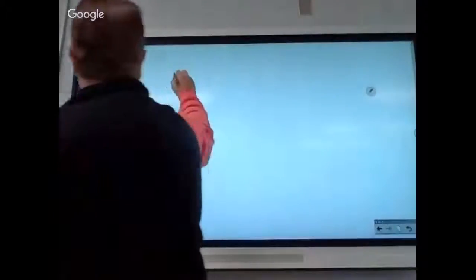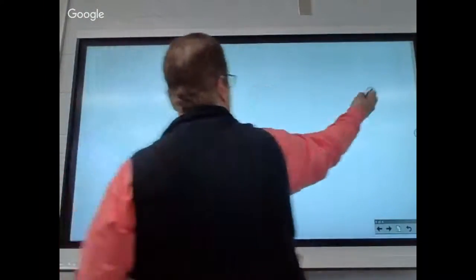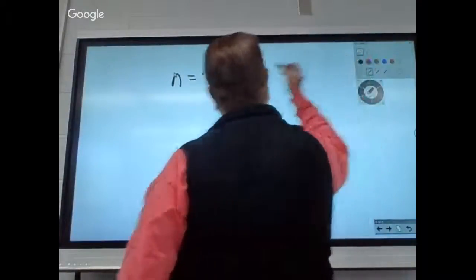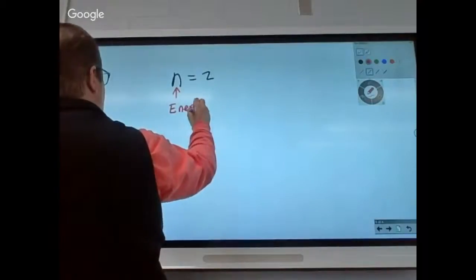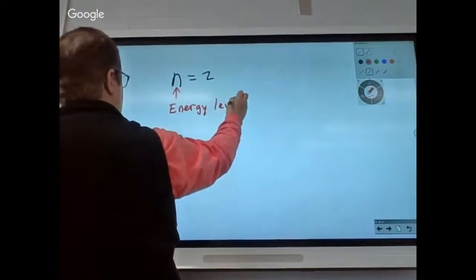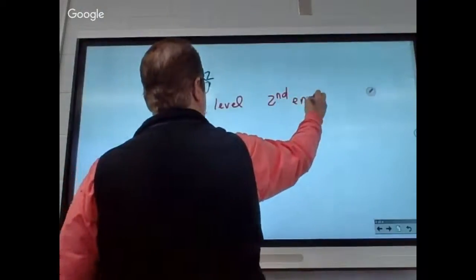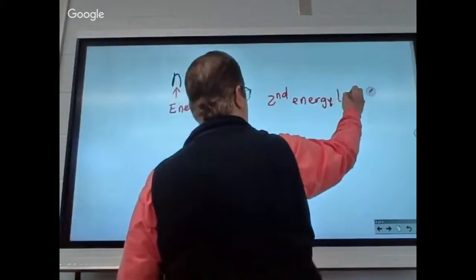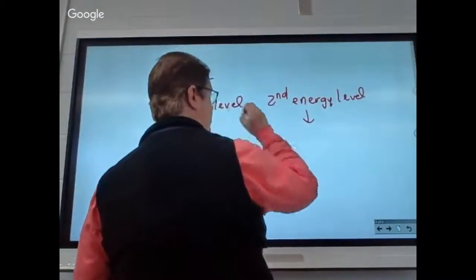Now, if N equals 2, what does N stand for again? It means an energy level. Okay, you have to remember that N is an energy level. So that means we're in the 2nd energy level. So, how many sublevels do you have? 2.